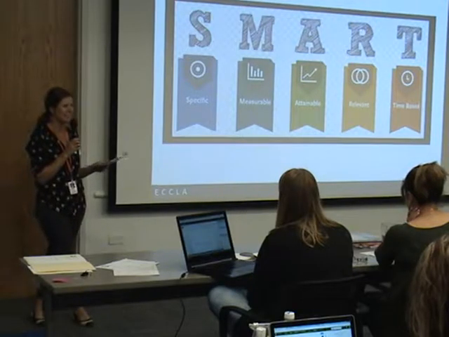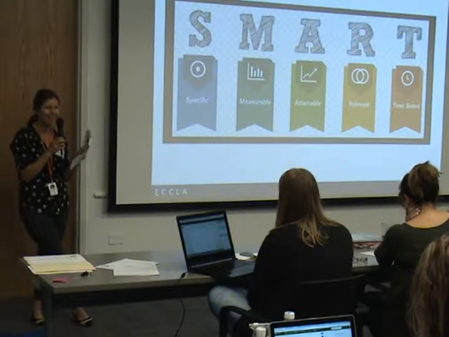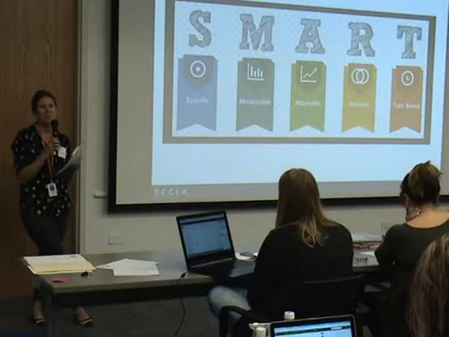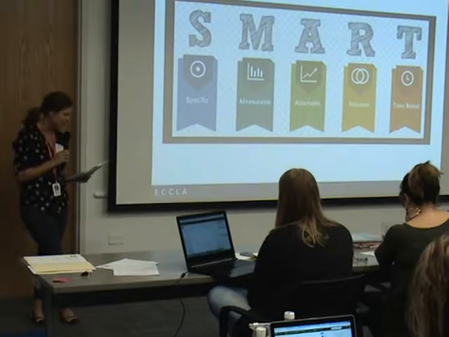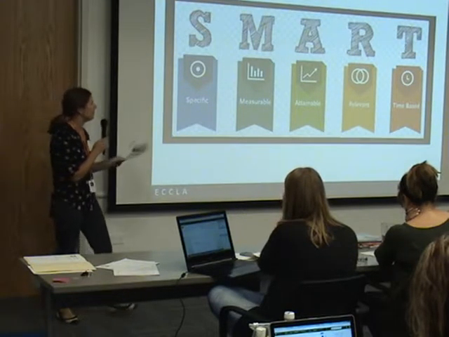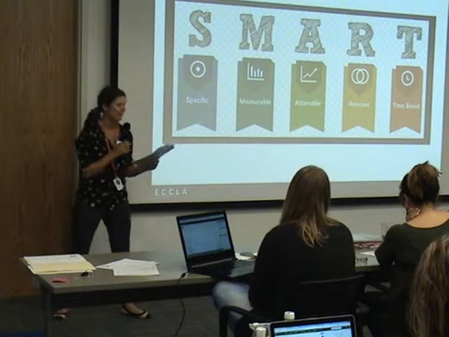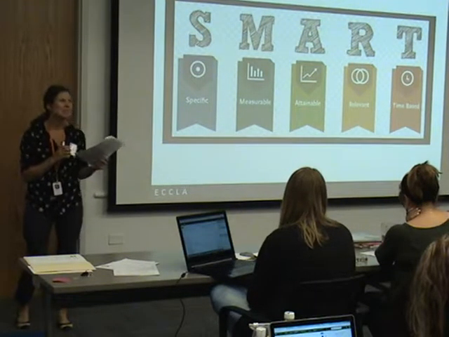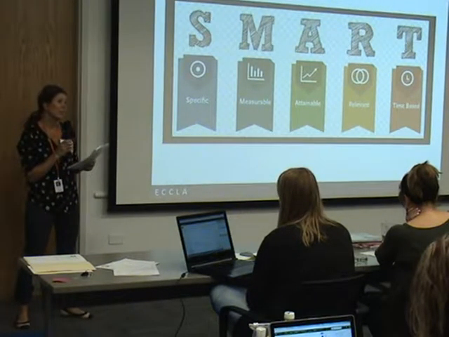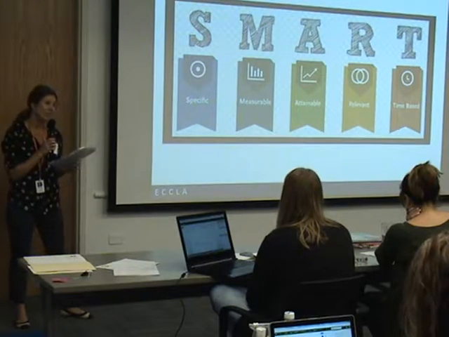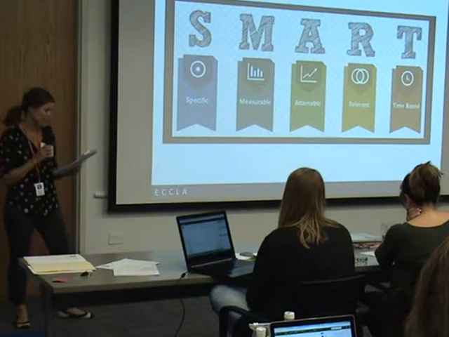We want them to feel successful. So sometimes it means you're chunking out a bigger goal into some smaller steps for them as well. And then a goal is also relevant, so that's where your R is. So it's meaningful to that early learning program. It's not your goal, it's a shared goal, and they have some buy-in to it.